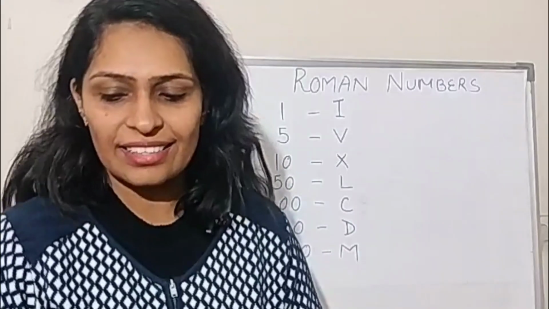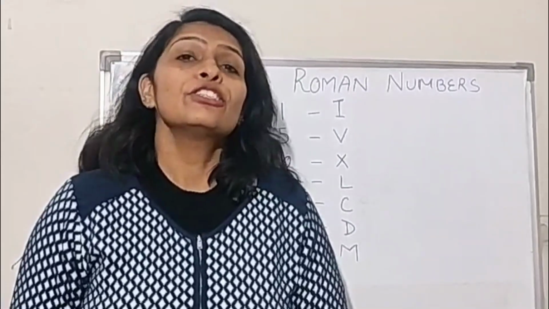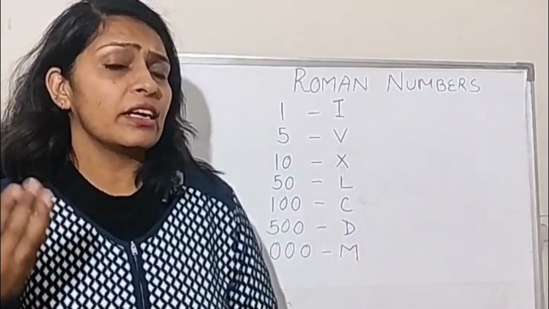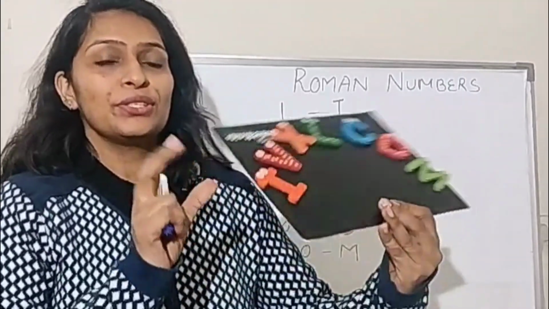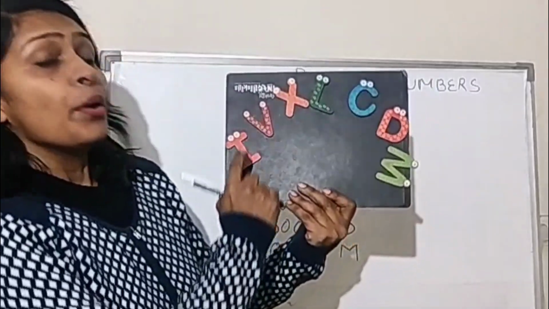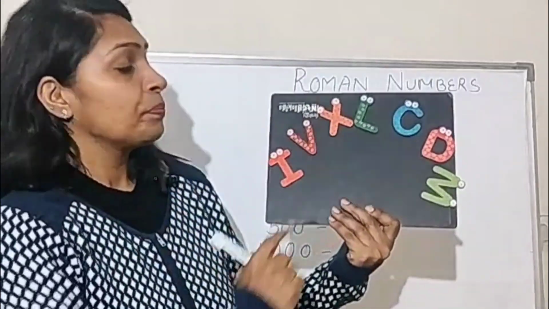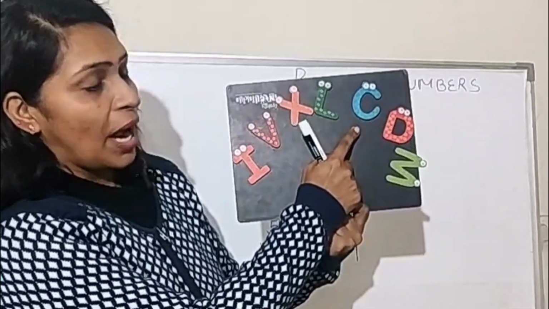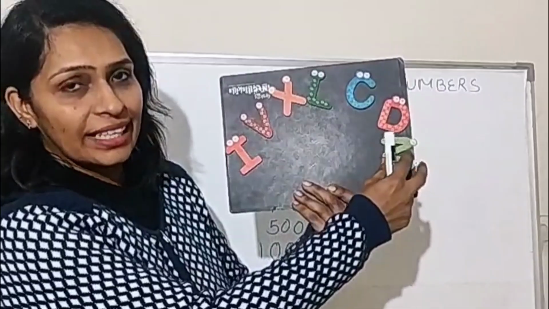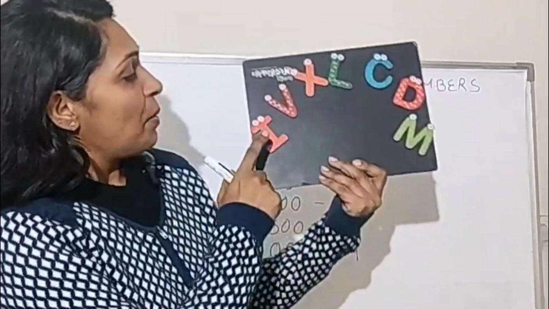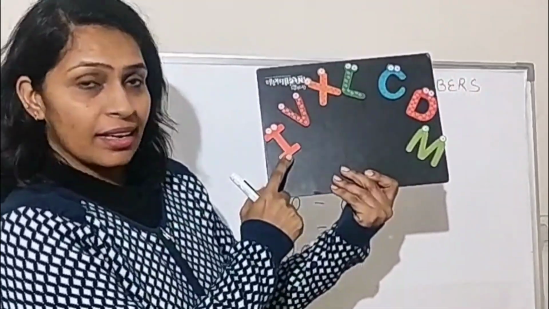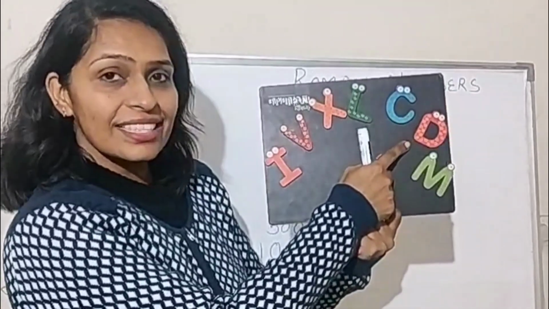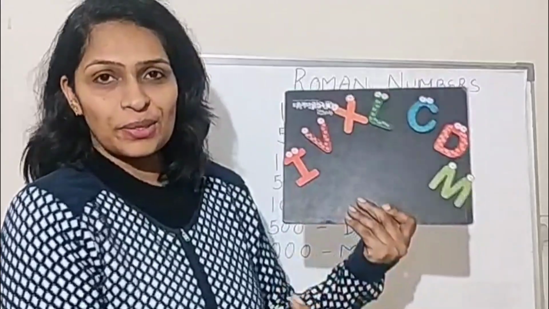Now since we are understanding maths in a fun way, let's see how quickly we can remember them, because otherwise there are chances that you can forget them. We can remember this with a sentence: I visit exciting lakes, counting, dancing mosquitoes. Again you can repeat, I visit exciting lakes, counting, dancing mosquitoes. Isn't it so cool to remember?